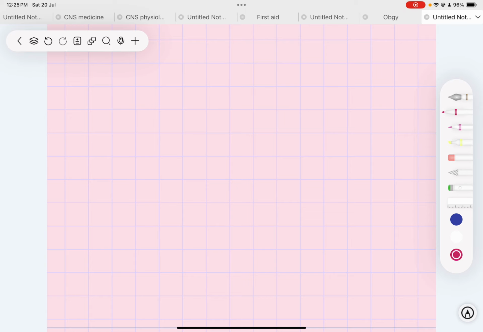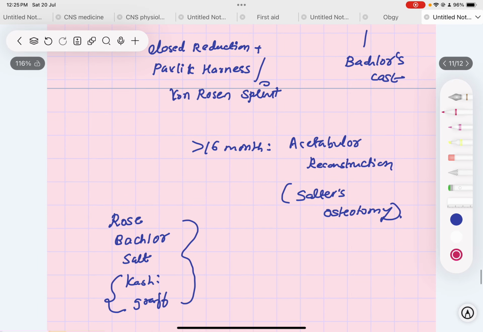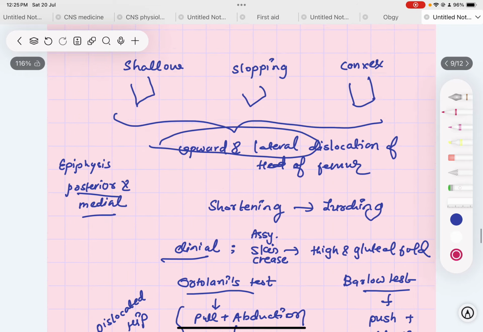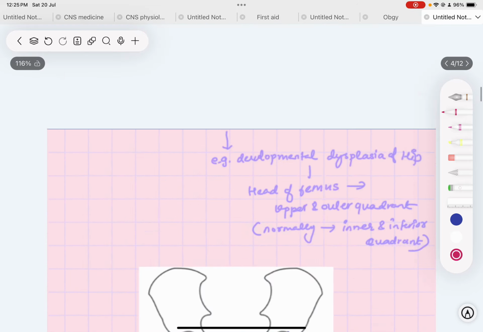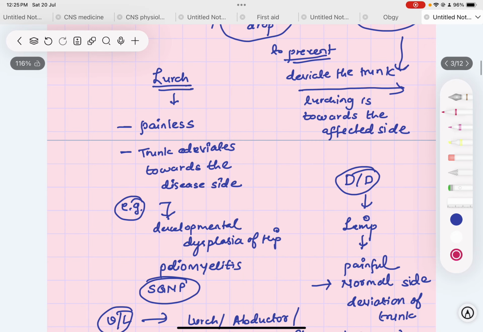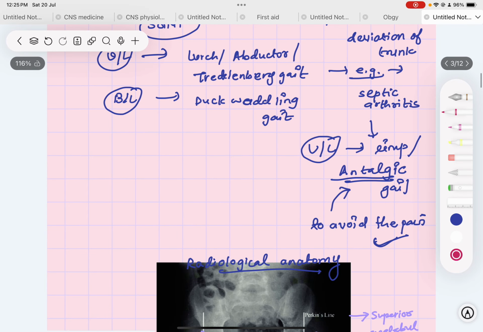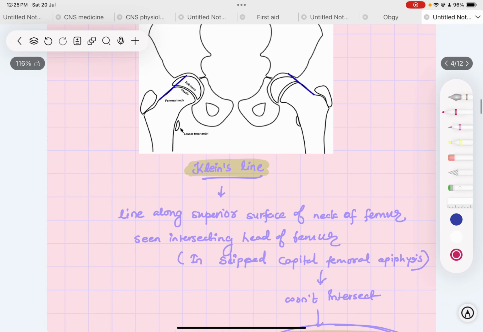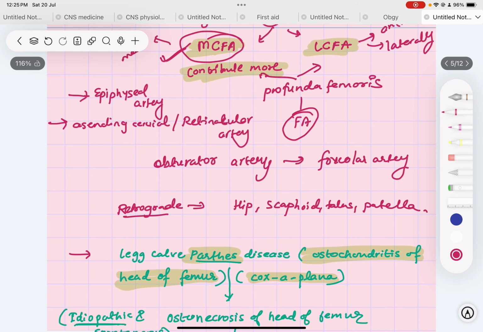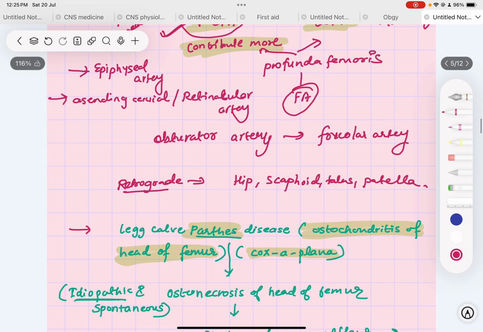In the previous video we have seen what are the bones that have retrograde blood supply, and that I have included in the basics of hip. So retrograde blood supply is in the hip, scaphoid, talus and patella.